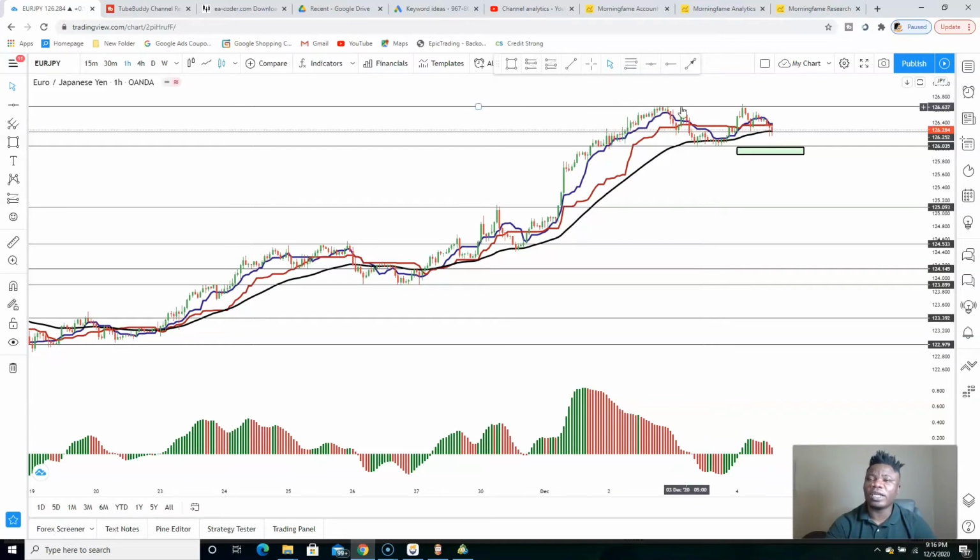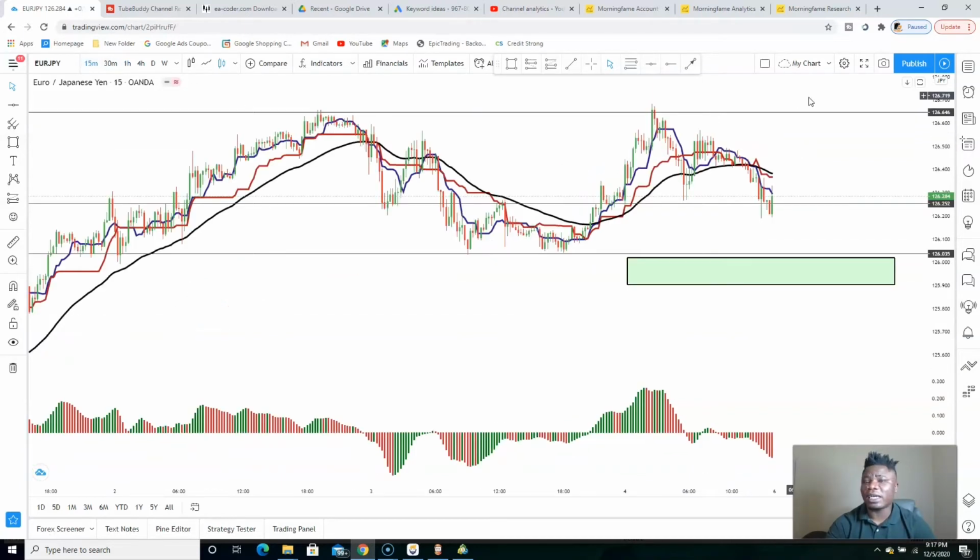Once price closes above this resistance zone, then you can go to the 15-minute time frame and get in for a buy. And then you set your stop loss for 5 pips, for 10 pips, whatever you want to do, that's on you. But if it's for a buy, you have to follow that strategy.